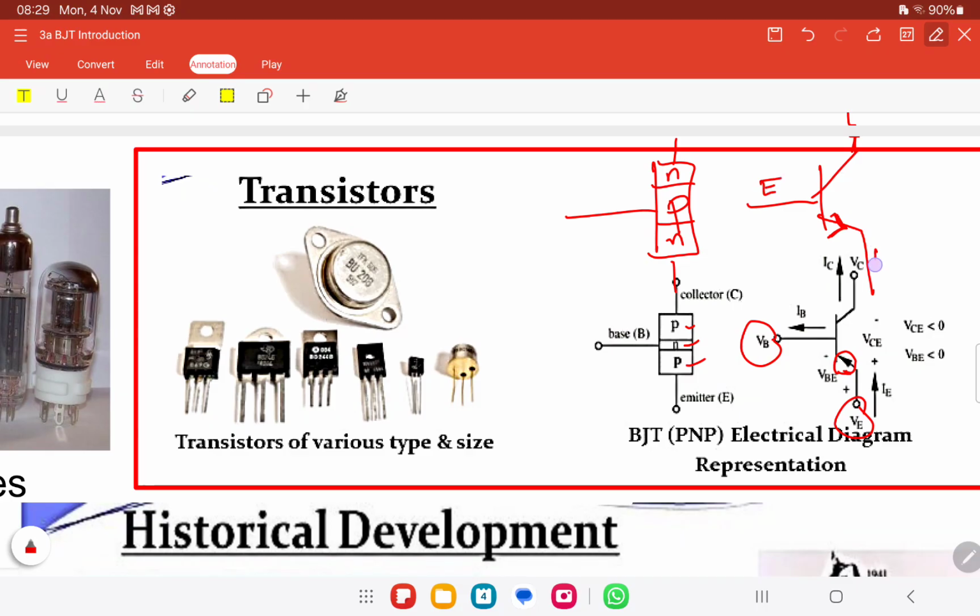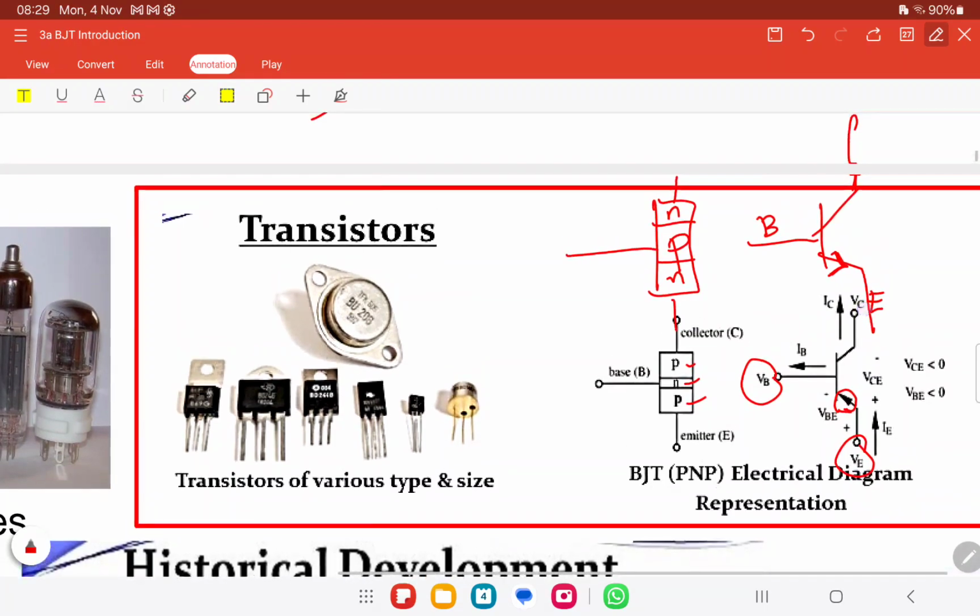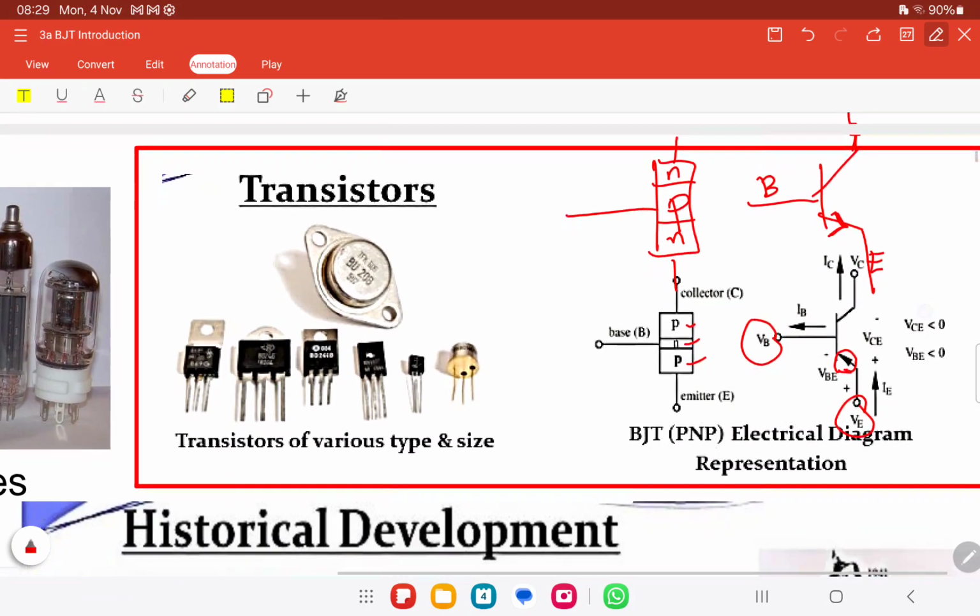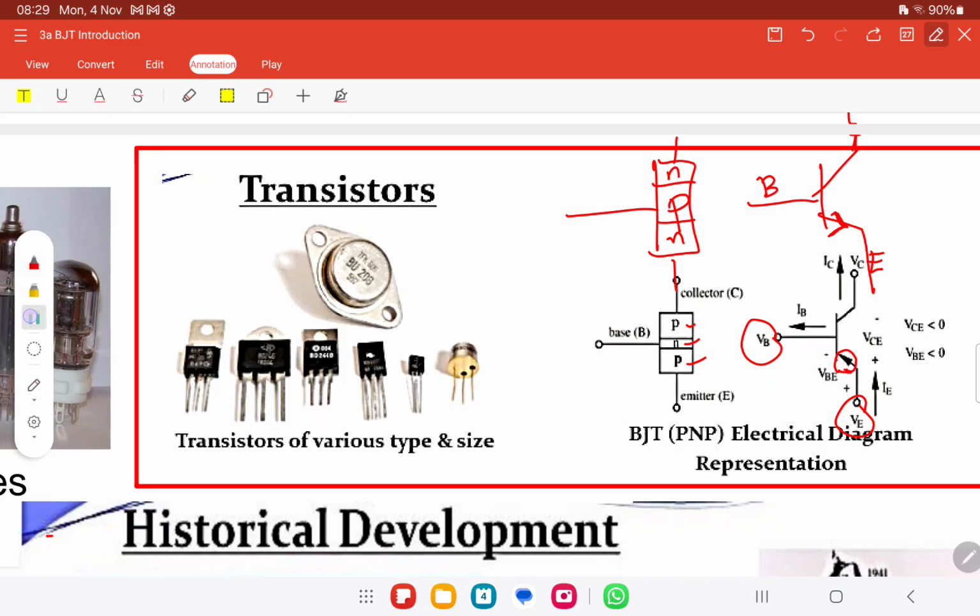So here is the base. In the middle is the base. This is the emitter at the bottom. The top is the collector. Let's look at the drawing for a moment. Collector, emitter and base. V and I are the voltage and current, meaning that each terminal must have its own voltage and current. That's why you have VC, IC, VB, IB, VE, IE.